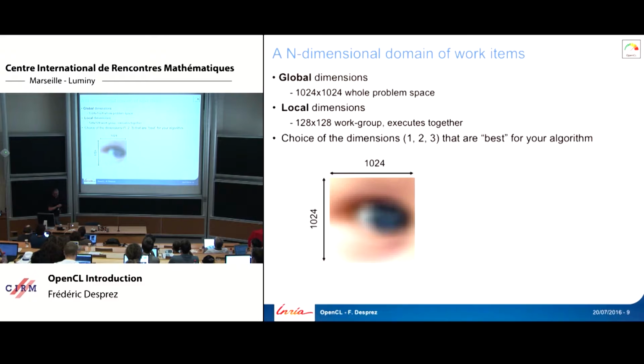So if you have global dimensions like this, you have a local dimension, what we call the work groups, that execute together in parallel, of course. And you have to choose your dimensions carefully depending on your algorithm, in fact.